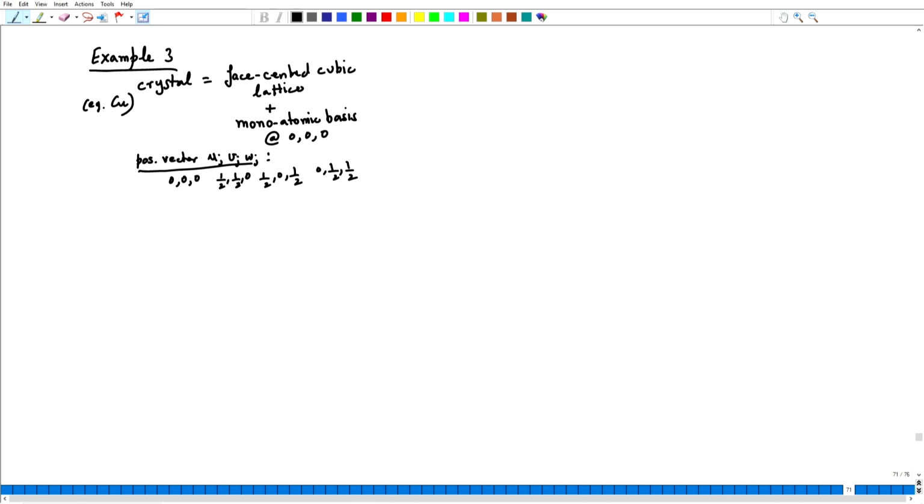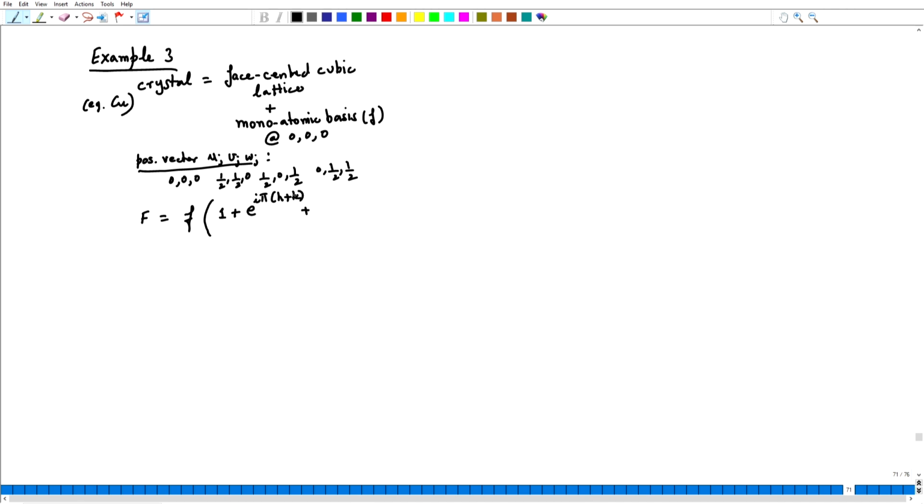So, there are 4 of them, and therefore, if I plug in these u_j, v_j, w_j values in the structure factor equation, and again the same kind of atom whose atomic scattering factor is f, I can take the atomic scattering factor out of the summation and I will have 4 terms inside. The first term for the 0 0 0 atom would simply be 1. Second one, you can examine it now yourself, e to the power i pi (h plus k).